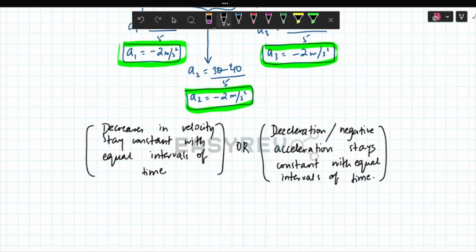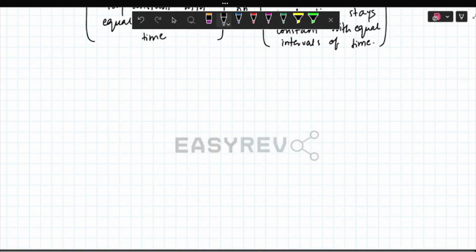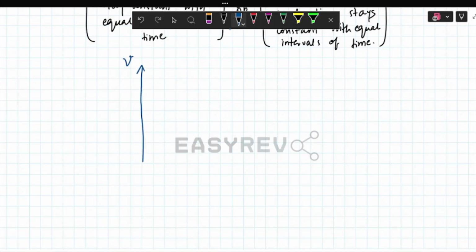With this physical understanding, we are now ready to draw what its graph will look like, specifically its graph on a velocity time graph. We have velocity on the y-axis, time on the x-axis. And this time we clearly expect throughout the acceleration to stay negative, which is why the slope of a velocity time graph should also be negative.